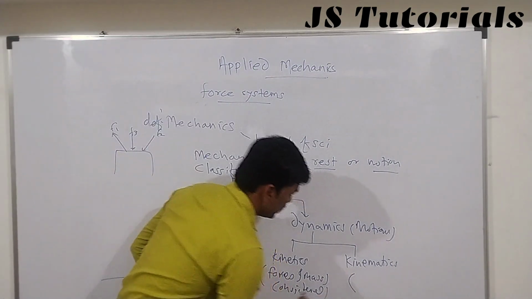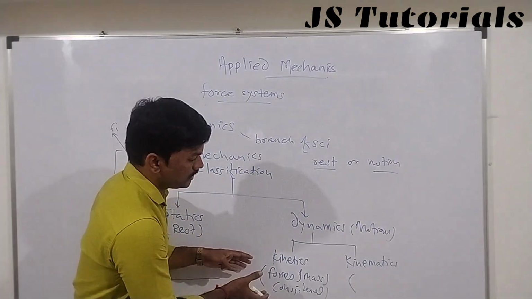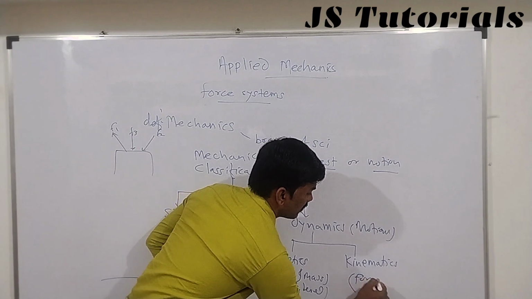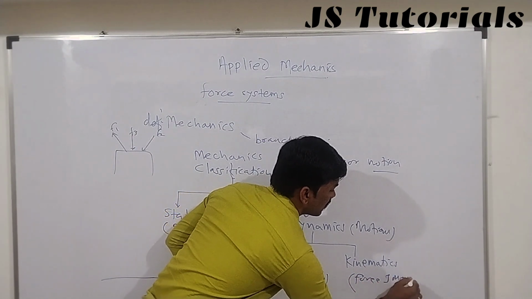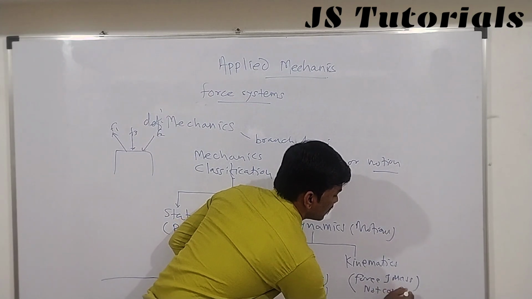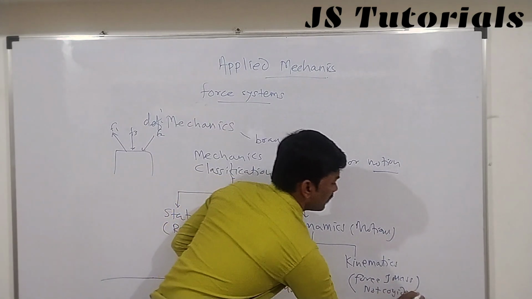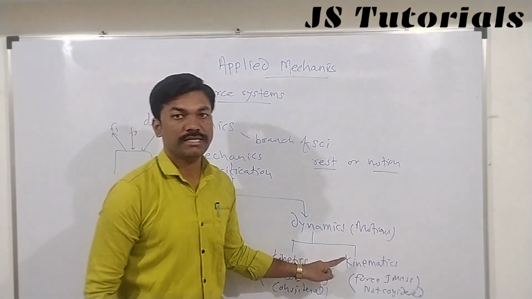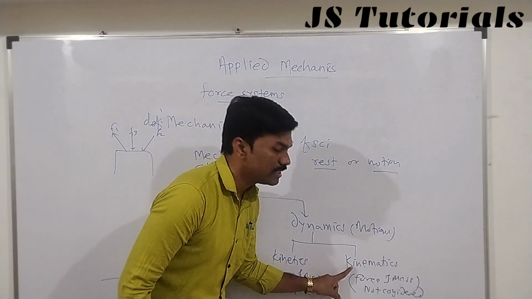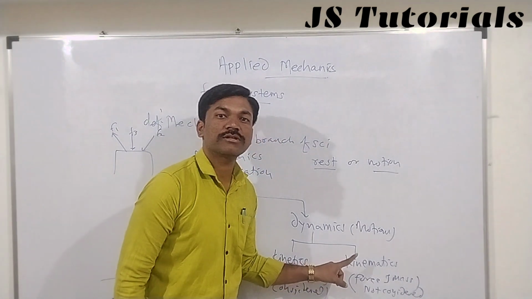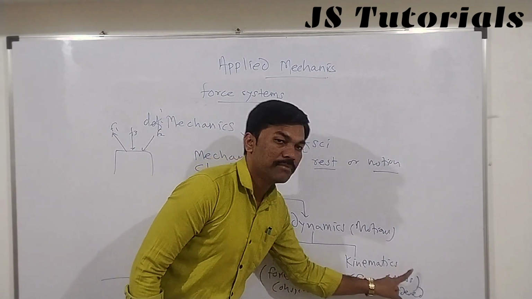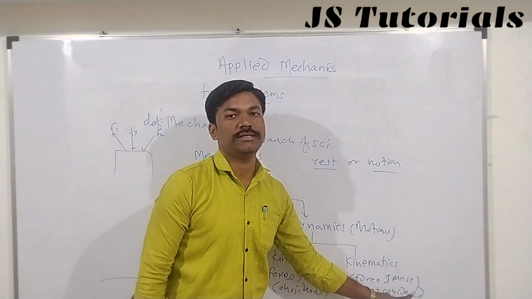In kinematics, you can simply write the words: force and mass are not considered. Kinematics can be defined as: the branch of dynamics which deals with the study of action of forces on bodies in motion, where force and mass are not considered.